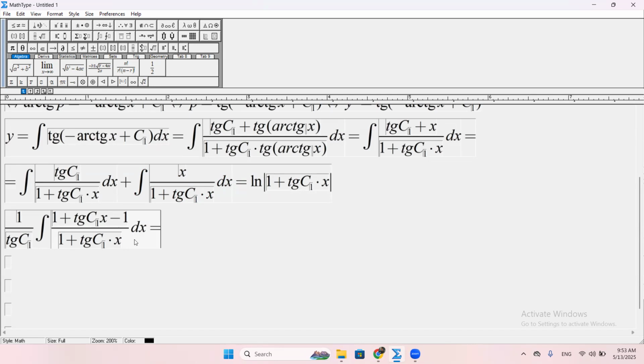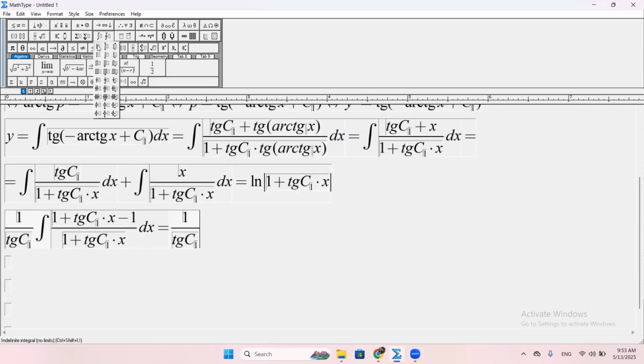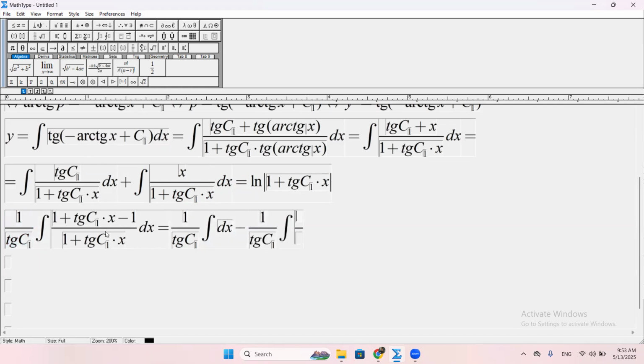So what I receive here, by the way, this is a product. So we receive the integral of dx here, minus 1 over tangent of C1, integral of 1 over this expression.